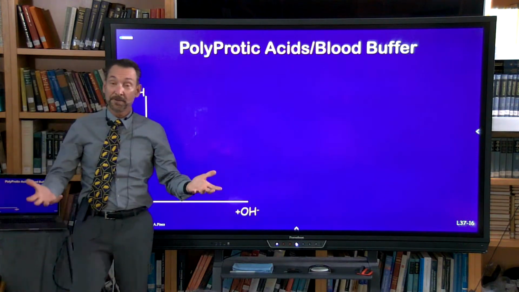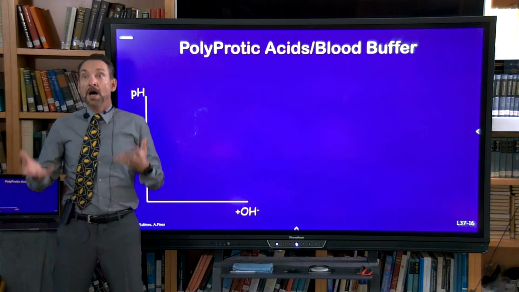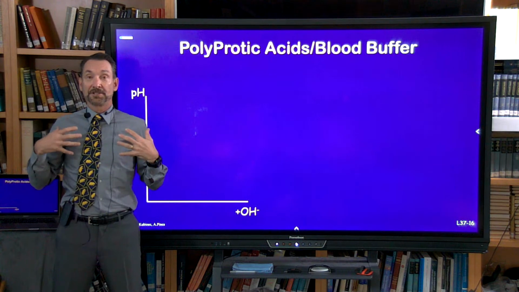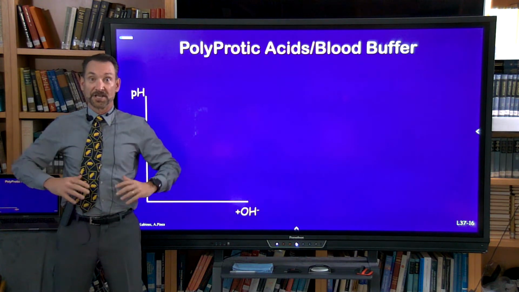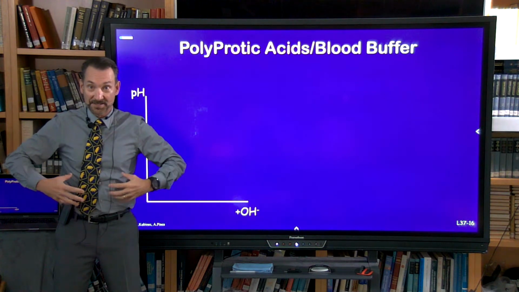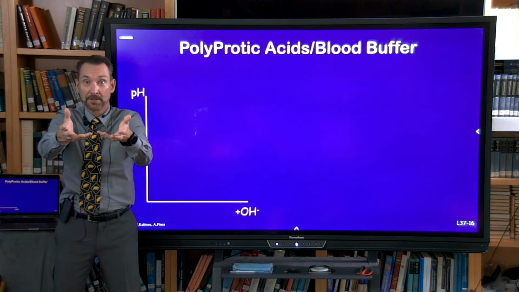Your blood is buffered by the fact that, we talked about this a little already, you breathe in oxygen and nitrogen, and the oxygen bonds to your hemoglobin, and it's taken to your cells, and then metabolized, and carbon dioxide is carried by the hemoglobin back out through your mouth.